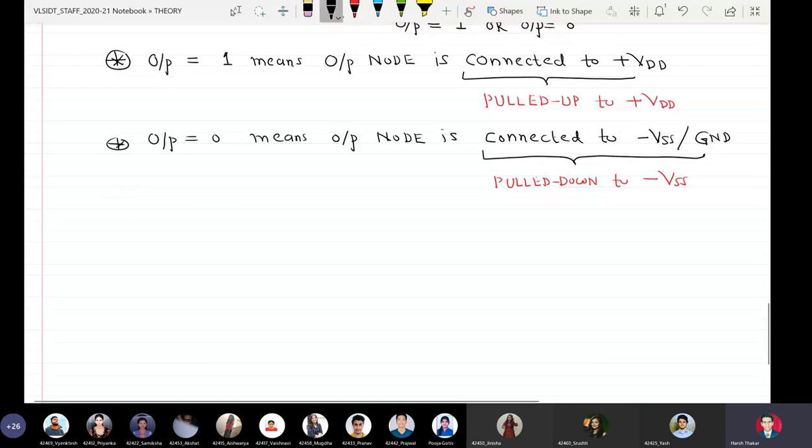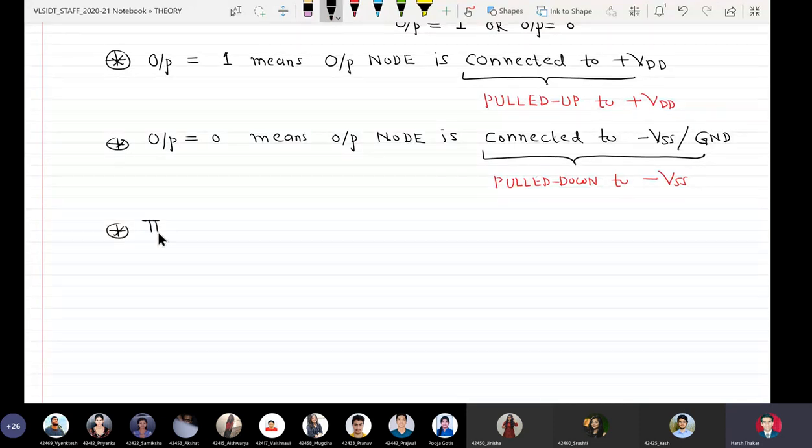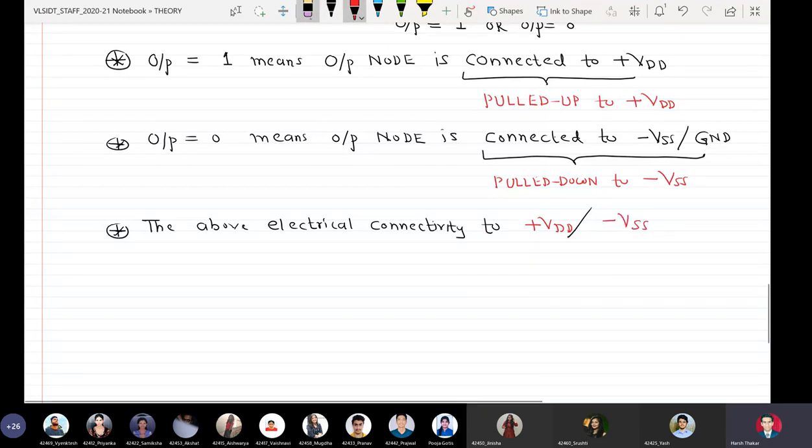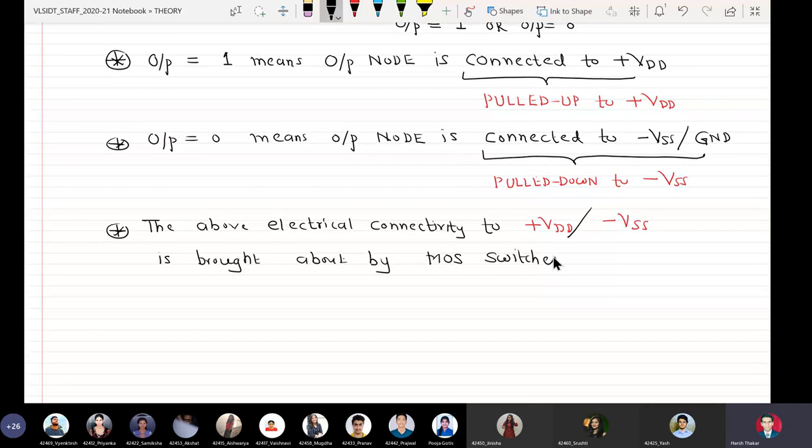Okay. The third point which we have to understand is that the above electrical connectivity to plus VDD or minus VSS is brought about by MOS switches.